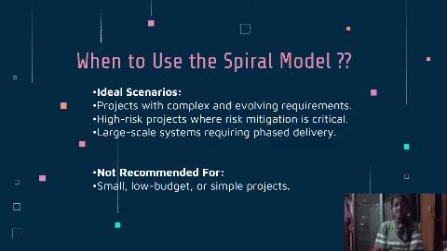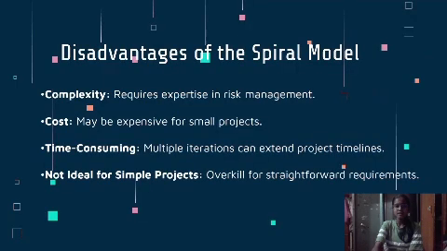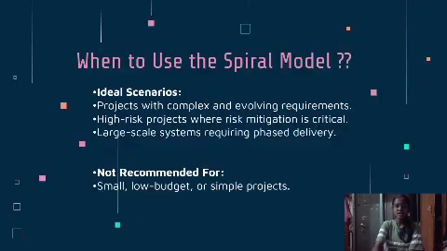Then the large scale systems which require phased delivery. Phased delivery is nothing but giving incremental releases in a short time. In those cases too, you can use the spiral model. But it is not recommended, as I already told you, for small, low budget and simple projects because it is very time consuming and a matter of efficiency.